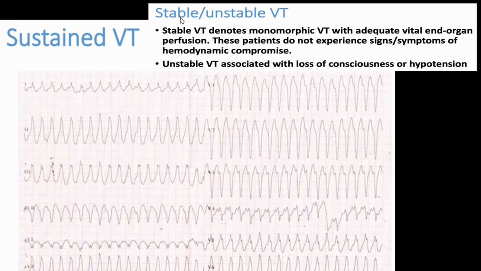Then depending upon the hemodynamics, we call it stable or unstable. Meaning, when the person has ventricular tachycardia, which may be monomorphic or polymorphic, but has a fall of blood pressure and vital organ perfusion is being affected, we always use the word unstable ventricular tachycardia. And if the perfusion is maintained, then we use the word stable ventricular tachycardia.